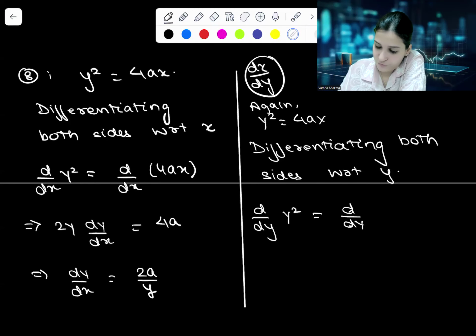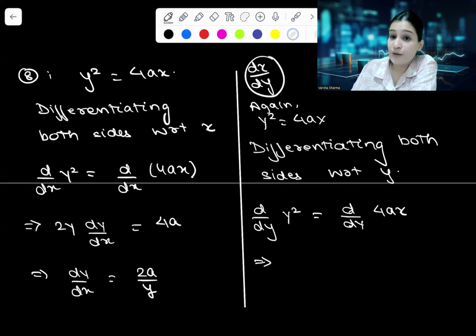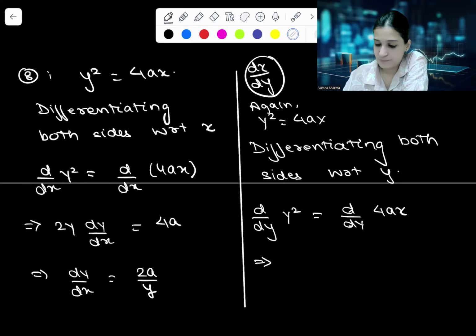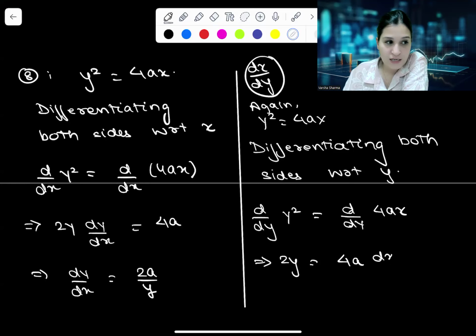d dy of 4ax. So what will be the differentiation of y square with respect to y? 2y. Leaving 4a, differentiation of x with respect to y will be dx by dy.